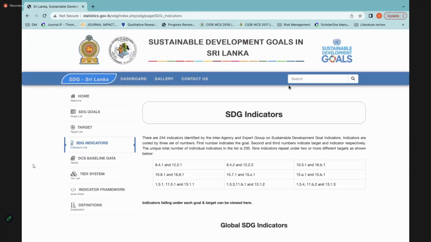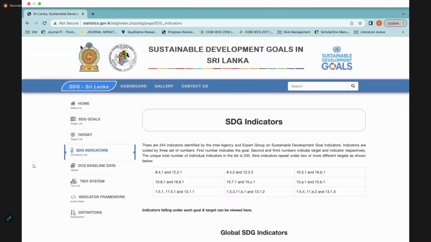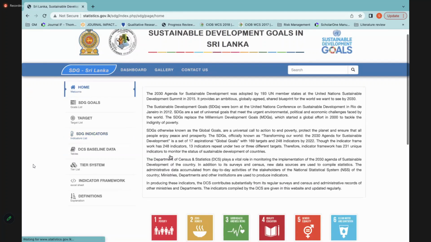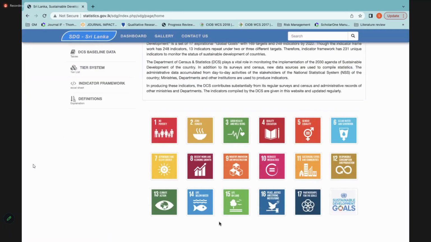So this is from our local website, statistics.gov.lk, about the Sustainable Development Goals. Based on the United Nations Sustainable Development Goals, we introduced these 17 goals last time that the UN has developed.